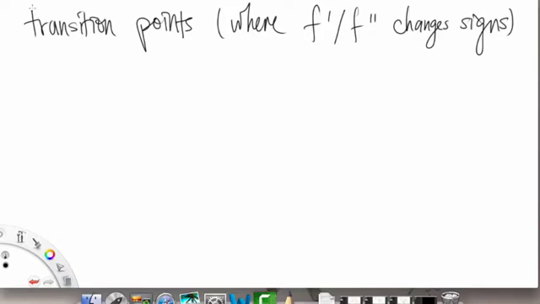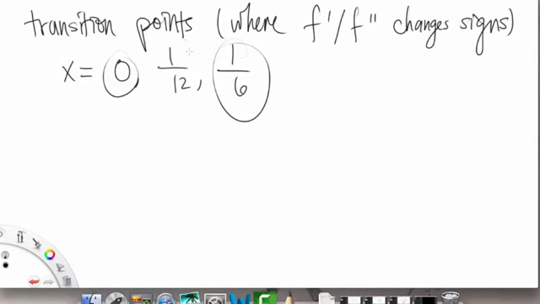This would be at x equal to 0, 1 over 12, and 1 over 6. At 0 and 1 over 6, our f prime changed, and at 1 over 12, our f double prime changes. These transition points are very important because they define what our intervals are going to be when we make our chart.